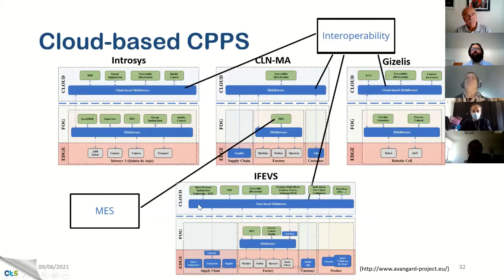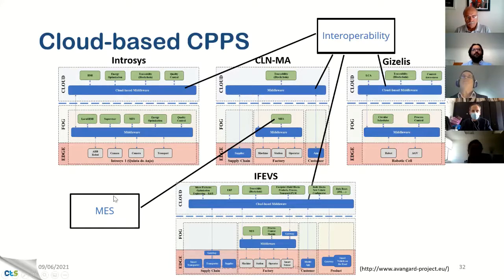So this approach is being explored for different industrial scenarios. As I said, this is a running project. So we just did some experiments.